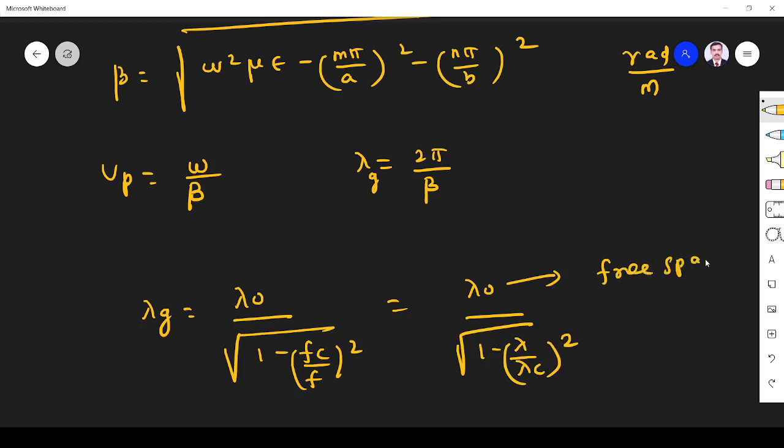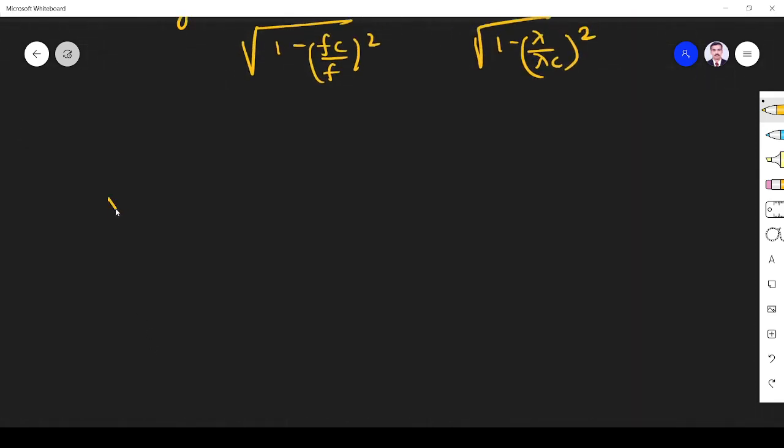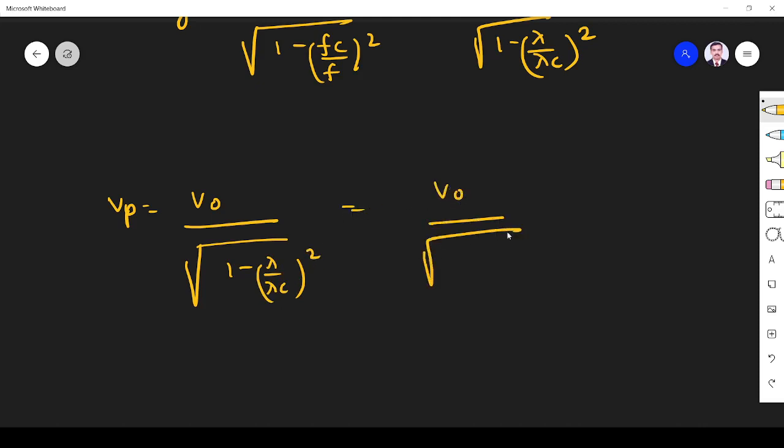Then the phase velocity Vp is given by V naught divided by the square root of 1 minus (lambda by lambda c) whole square, which is equal to V naught divided by the square root of 1 minus (fc by f) whole square. V naught is the velocity in free space, which is 3 into 10 power 8.